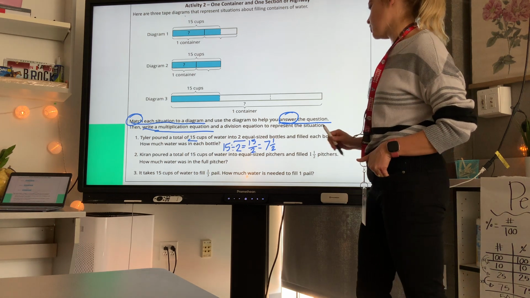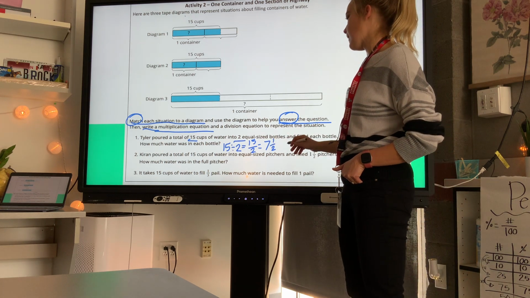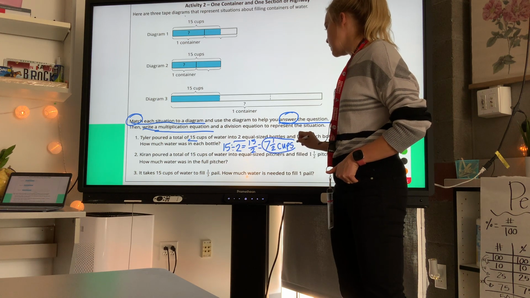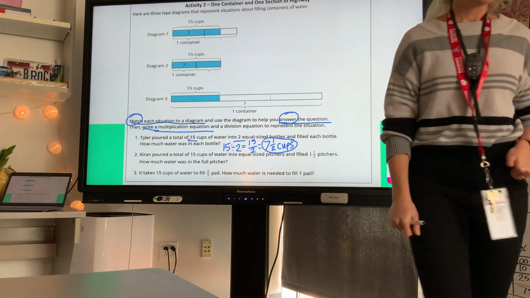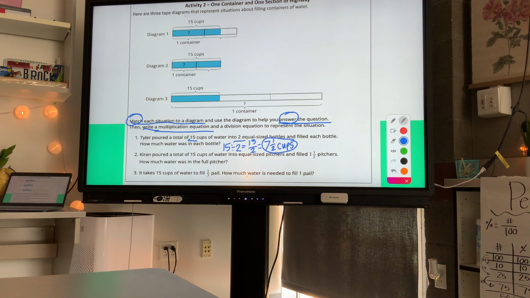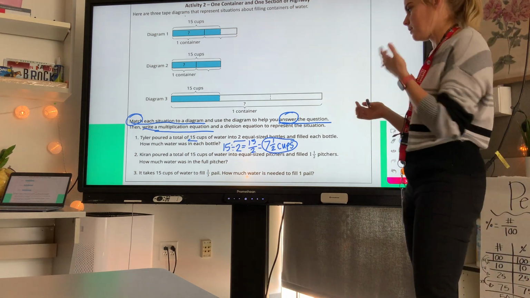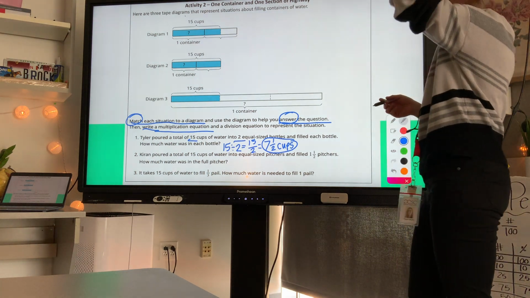How much water was in each bottle? I'd say 7.5 cups would be my answer. Here's my division equation. If you don't want to write it as a multiplication equation, that's okay. Just do whatever makes sense for the problem. But you could rewrite it differently if you would like.